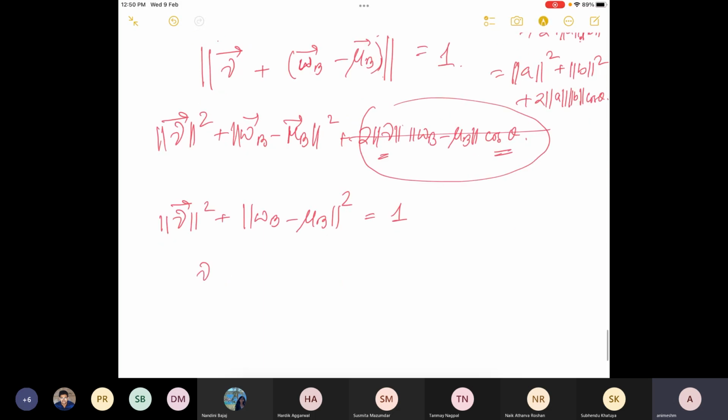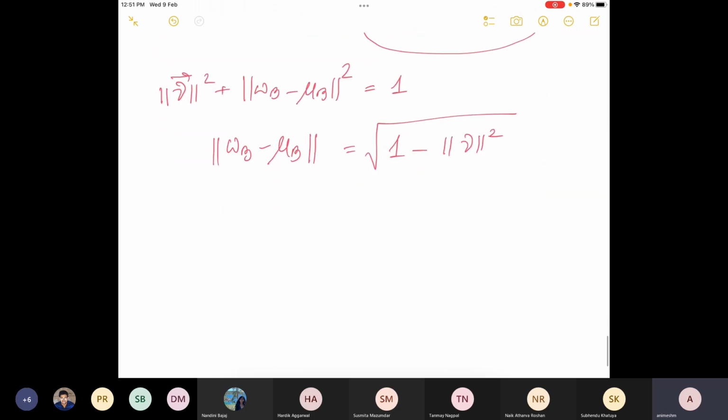So we want that WB minus mu B should be equal to the square root of 1 minus mu square. Okay. Now you will ask me why all this drama.